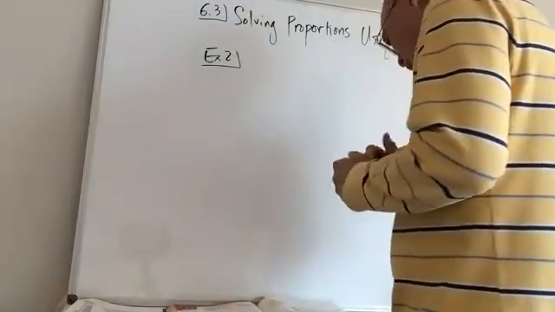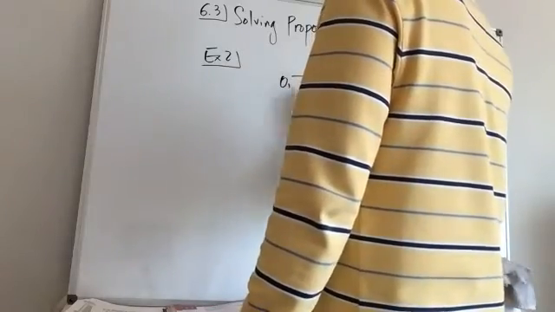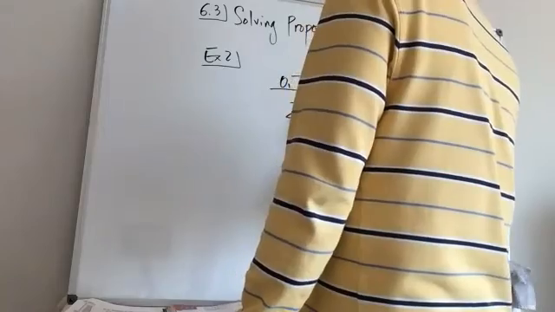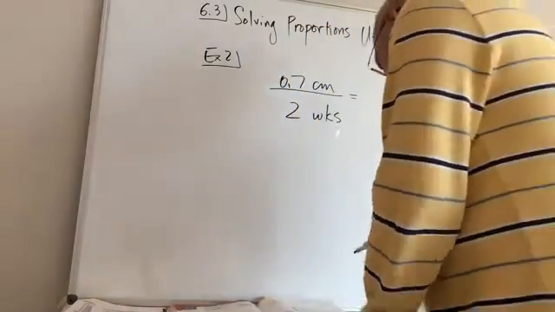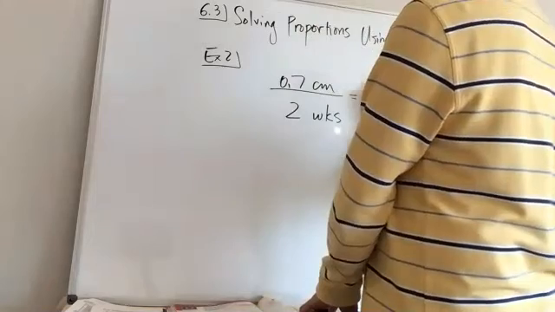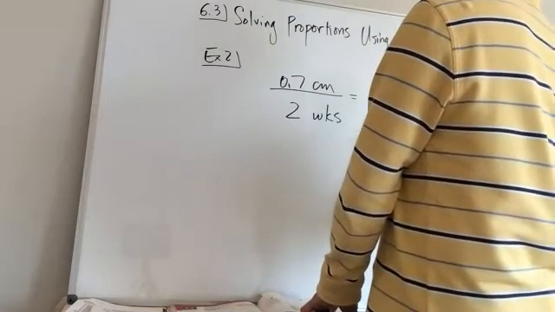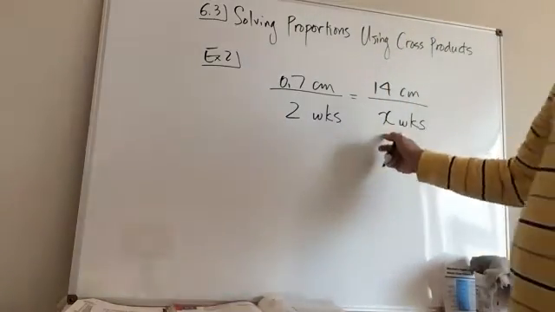Okay, so the ratio is 0.7 centimeters every 2 weeks. Okay, and I want to know how long it takes to go to 14 centimeters, and it's going to be how many weeks. Okay, I don't know what that is, so we'll call that x.